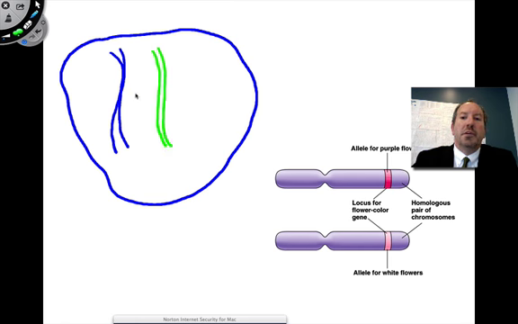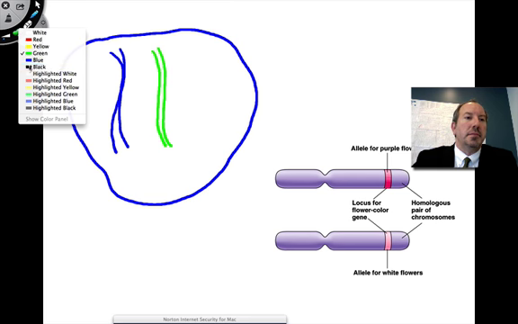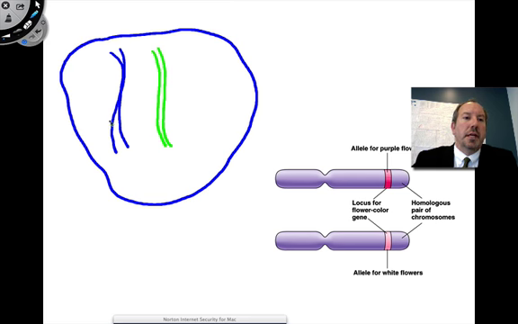If we say that there's a particular gene for petal color, let's say the location is right here for petal color. We could say that it's capital P for purple, and little p for white. This is what a pea plant would look like that's purple but was a hybrid, meaning that it had both purple and white genes.